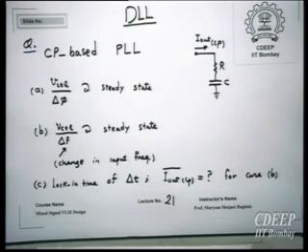Just as a point, I don't give it now as a question D, but afterwards you solve it. If you have locking time for charge pump based DLL, then from that it's very easy to derive the lock range. So this I'm not giving as a quiz. It may not come directly in your mind now, but afterwards you just work on it.